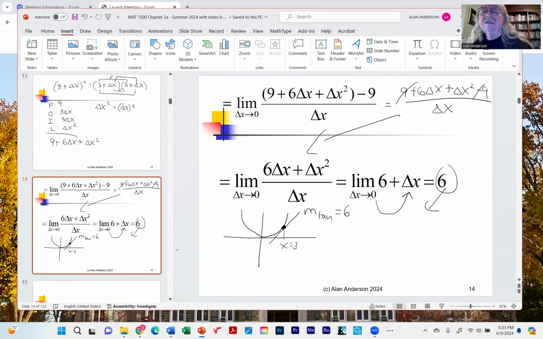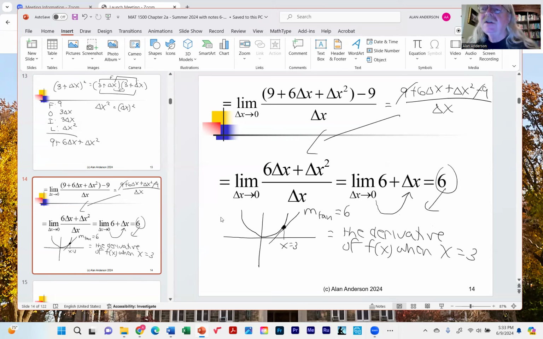So the slope of the tangent line is 6. So that is not only the slope of the tangent line, but this also is the derivative of f of x when x equals 3. So again, remember, it's a rate of change. The slope is a rate of change.